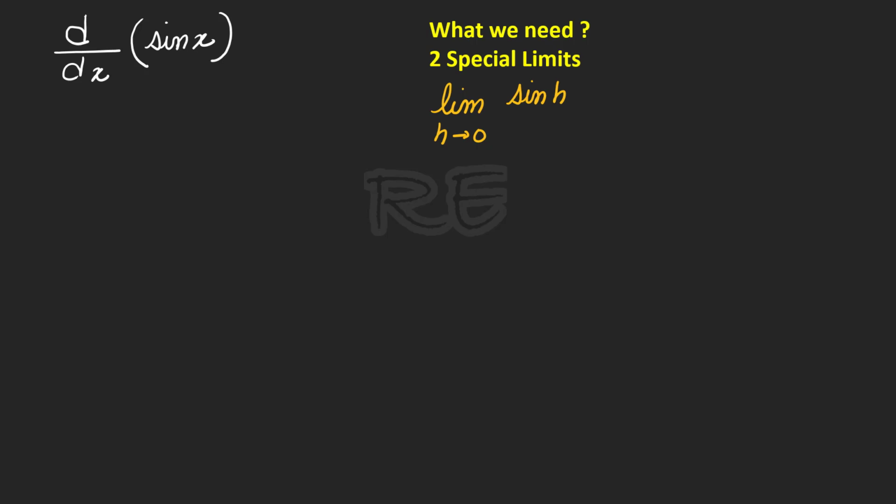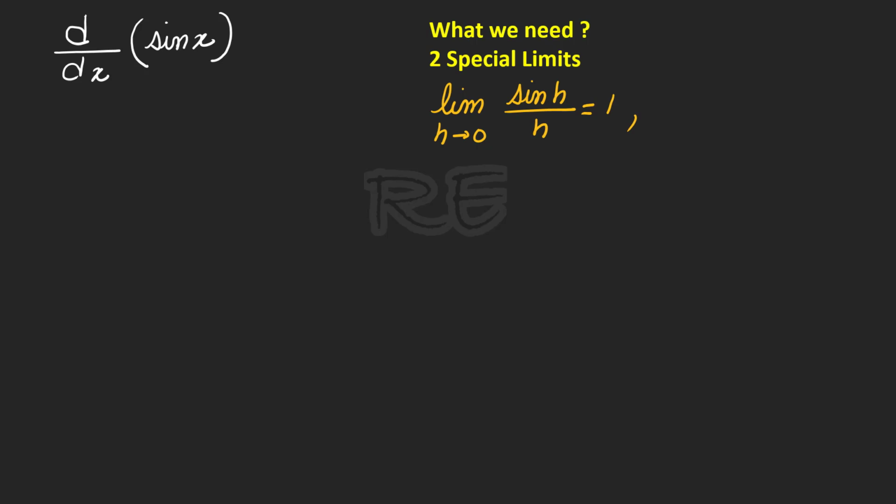To find the derivative of sine x using the limit definition, we need two special limits. The first one is the limit as h approaches 0 of sine h over h, which is equal to 1.